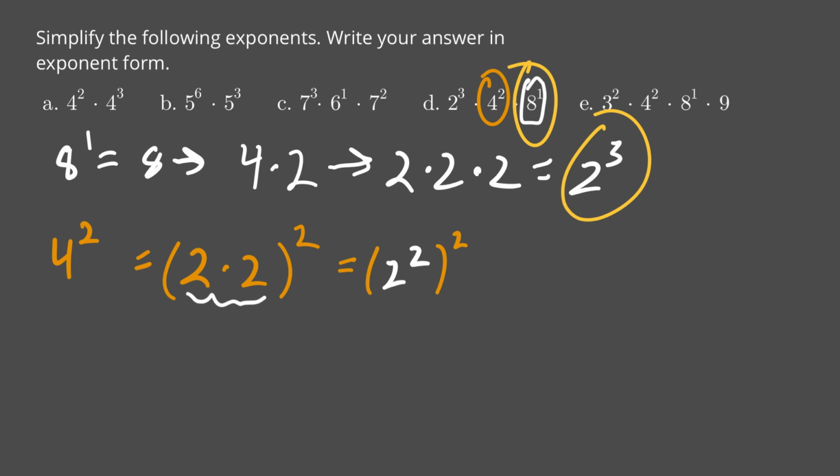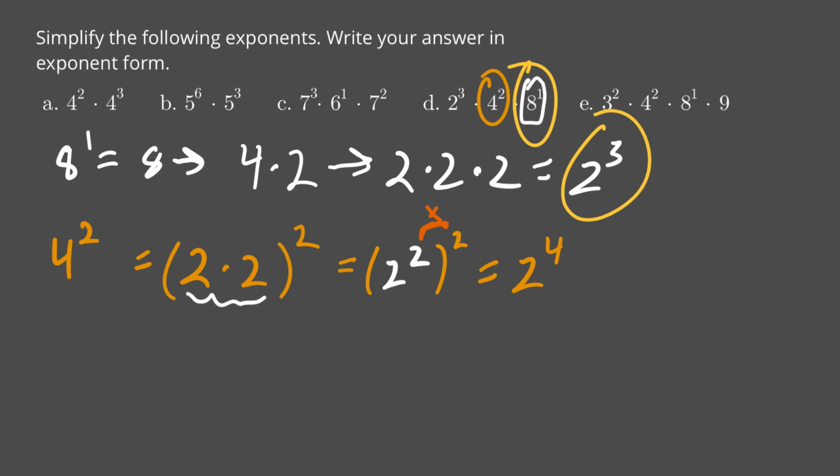What you will learn in that video is that whenever you have exponents inside and outside of parentheses, you multiply them together. So here we have a base of 2 raised to an exponent of 2, all outside of parentheses with another exponent of 2. This can be rewritten as 2 multiplying your exponents together, 4.